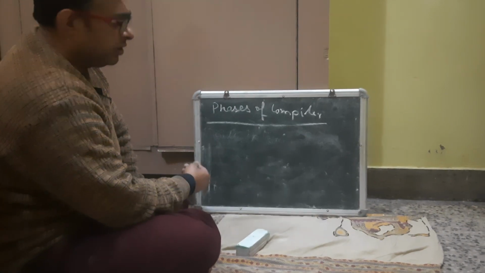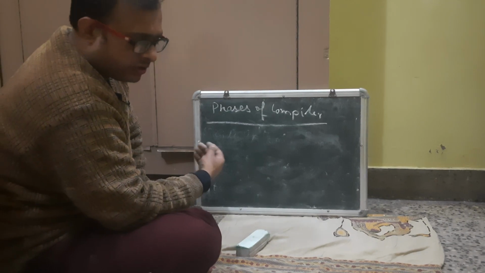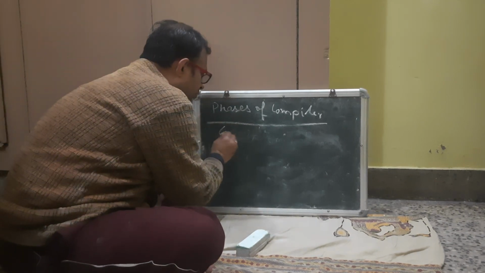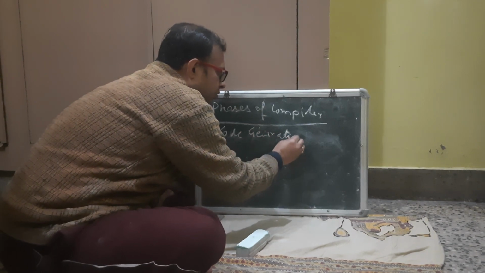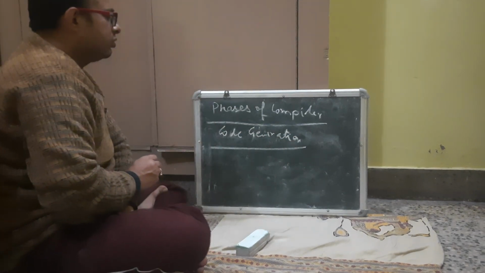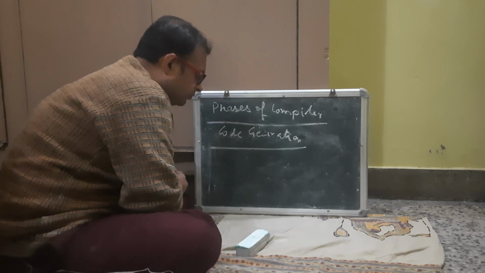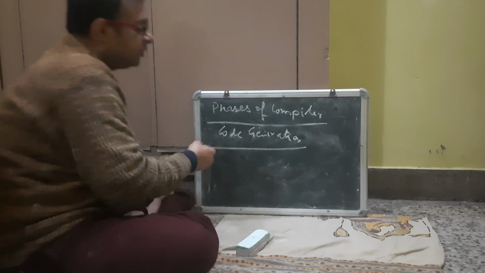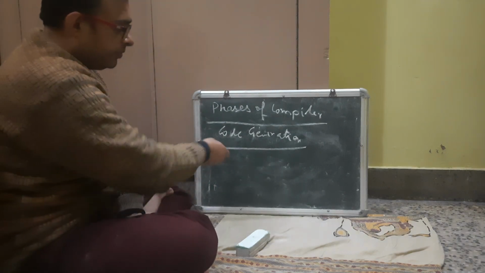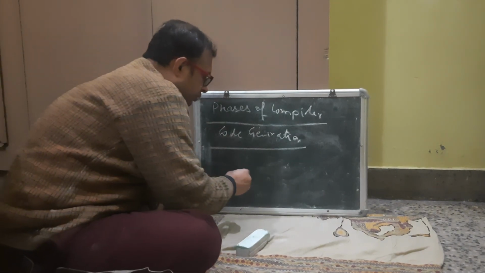Let us take the reference of 8085 for generating the code. Now what is code generation? In code generation, we generate the assembly code for the previous instructions.